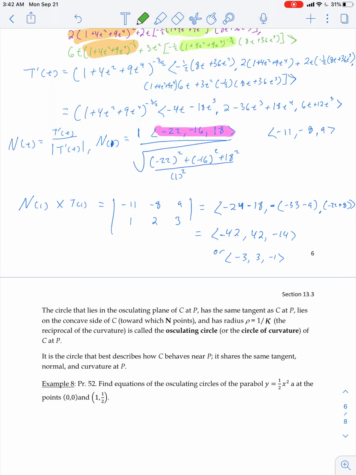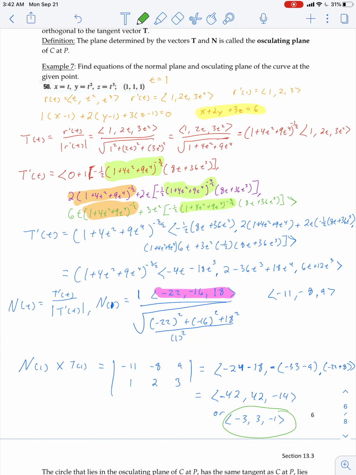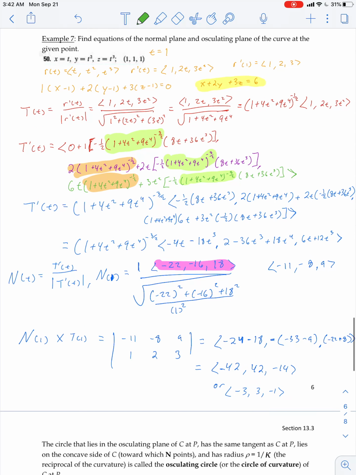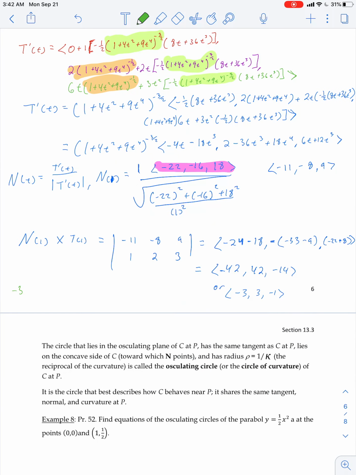So therefore, what I'm going to do is now just write out my equation, and again I'm going to use this as my vector, and then my point is from the top, 1, 1, 1. So I'm going to get negative 3(x minus 1) plus 3(y minus 1) minus 1(z minus 1) is equal to 0.